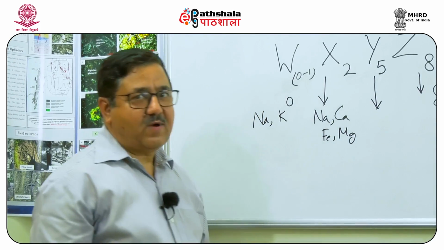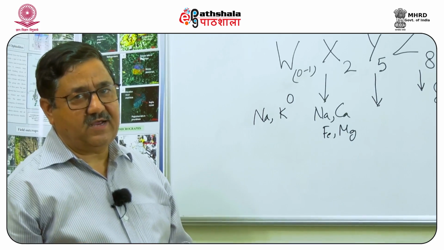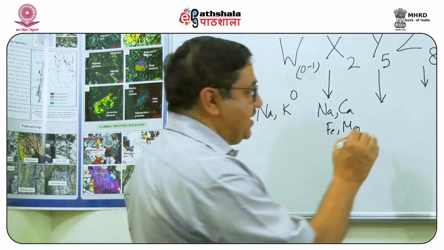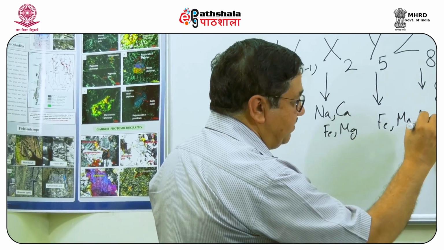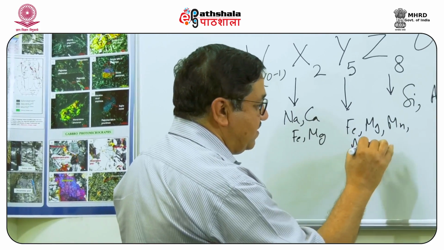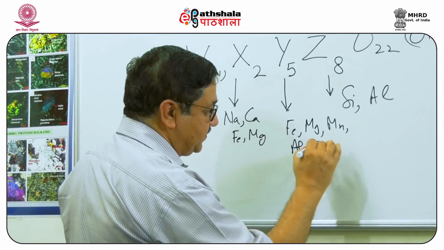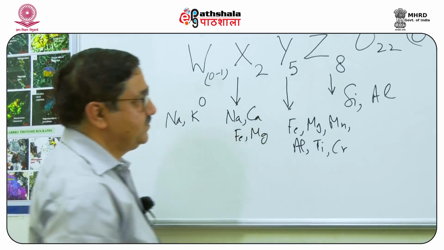In the Y site, which is an octahedrally coordinated site, we can have iron, magnesium, manganese, aluminium, titanium and chromium.